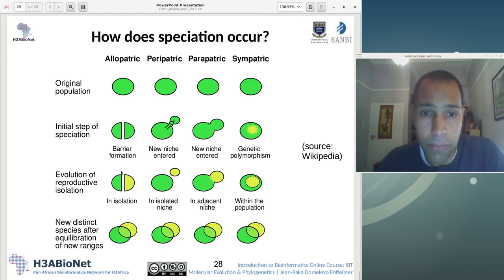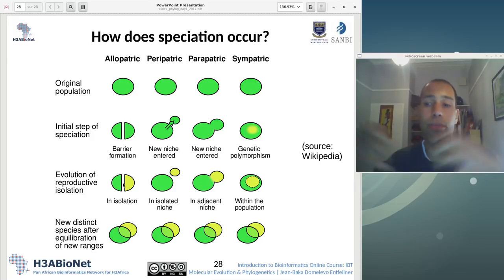So speciation occurs always after there is cessation, after there is no longer any gene flow between two subpopulations.